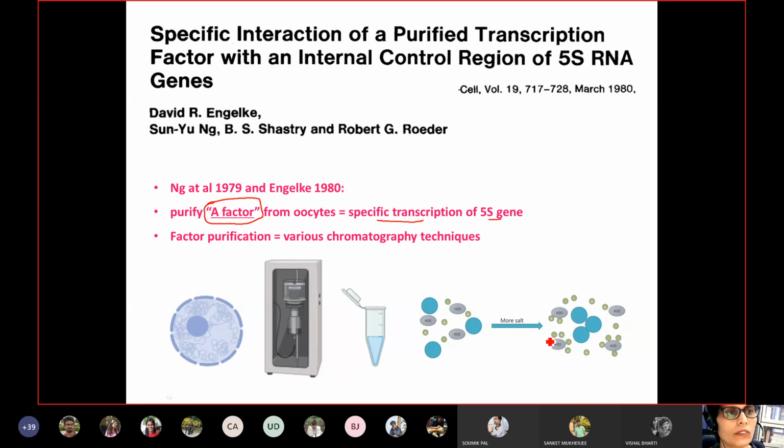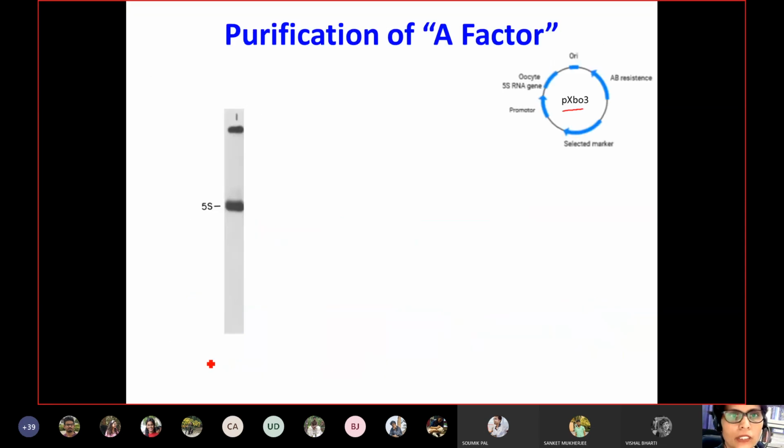That means you have a gene which is cloned, 5S RNA gene cloned inside, then you incubate it with your RNA polymerase and together with this ovarian extract. So that means the ovarian extract will also have some kind of endogenous RNA polymerase. So here is the first experiment when you mix this kind of assay. So this is the oocyte type 5S RNA gene mixed with your extract. So what you see here is specific transcription of 5S RNA gene.